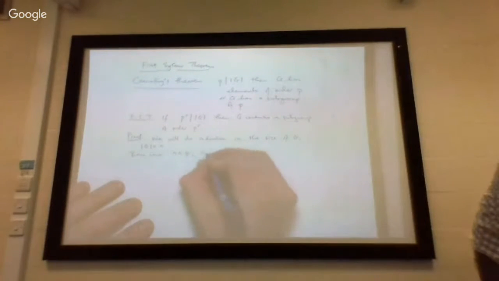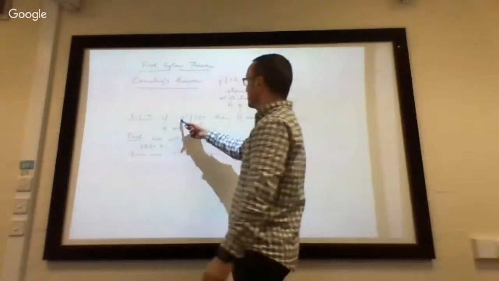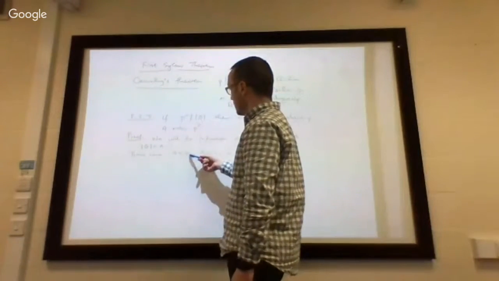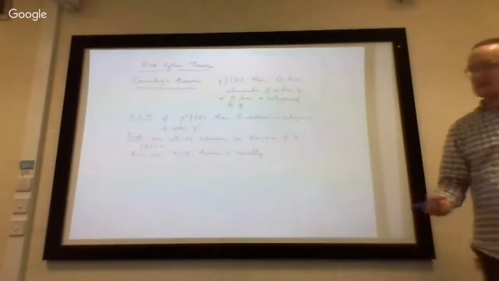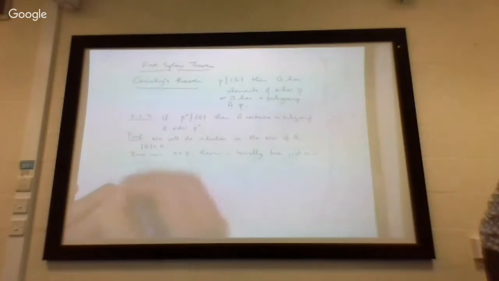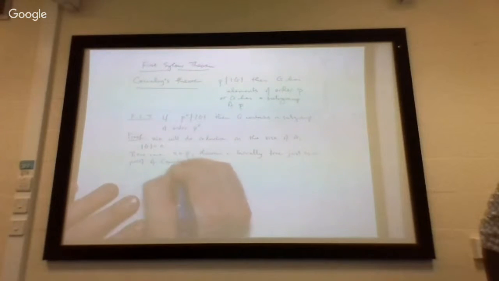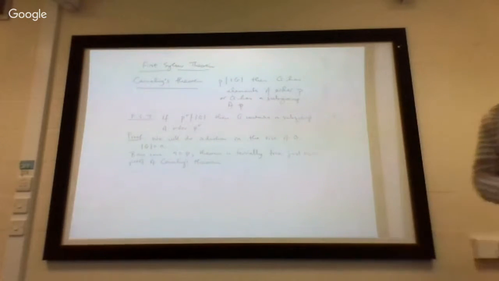The theorem is trivially true because the only power you can have dividing the size of G will be p to the 1, and then G is a subgroup of itself, so it's a subgroup of size p. So the theorem is trivially true, just as in the proof of Cauchy's theorem that we saw earlier today. There's nothing to prove really, because the subgroup we're asking for is just provided by G itself.